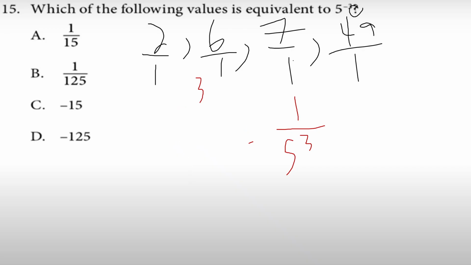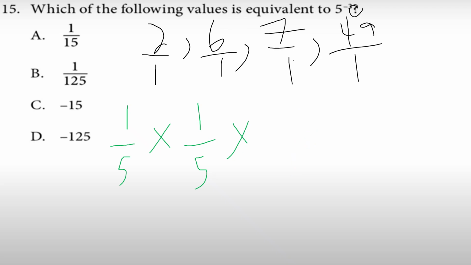Now, once we do flip that and it becomes 1 over 5 to the 3rd power, all we have to do is 1 over 5 times 1 over 5 times 1 over 5, because that's all 5 to the negative 3 power is.